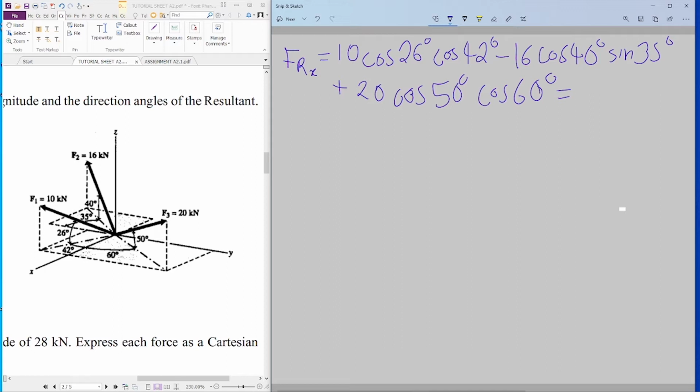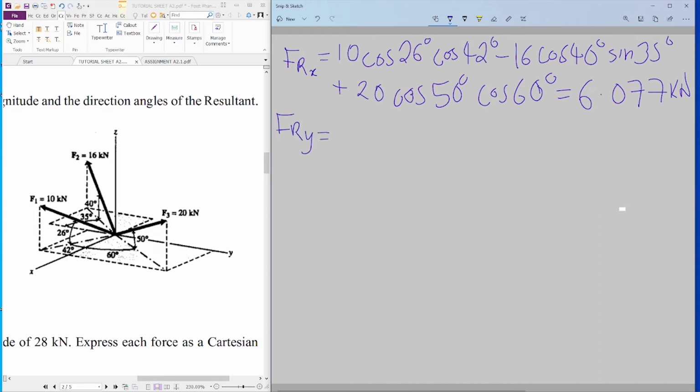So with this, we see that we will have to calculate that there. So I have 6.077. This should be kilonewtons.